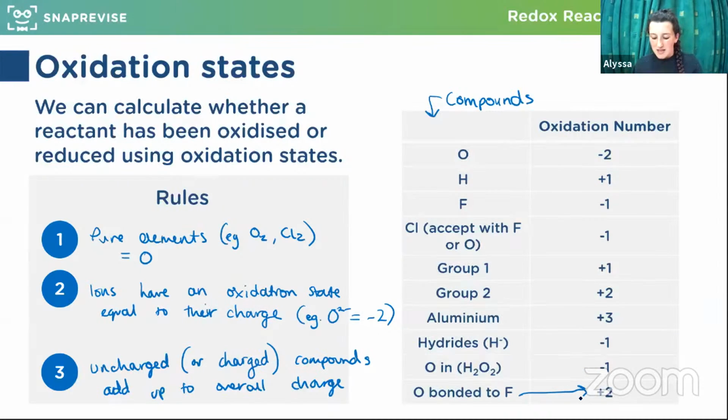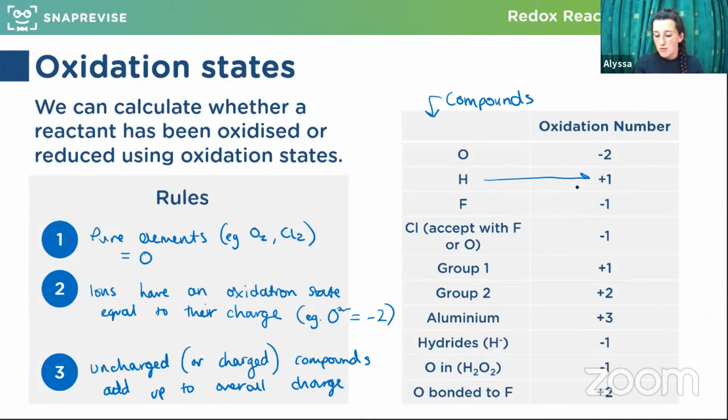They may decide to introduce it to you when it's bonded to fluorine, highly unlikely, but because fluorine is much more electronegative than oxygen, it definitely steals the electrons, and therefore oxygen will lose its electrons. So in that case, it will be +2. But it's very unlikely that they'll introduce that to you. So nearly always oxygen is -2.